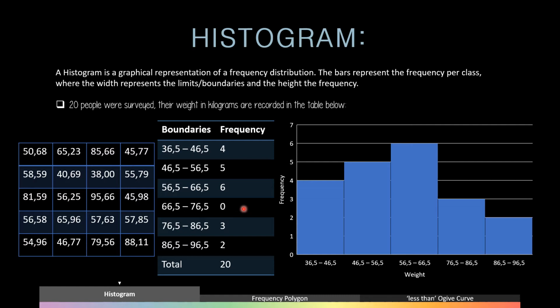We can see that the bins, or the width of the bars, give us our class boundaries, and the height gives us the specific frequency for that boundary. For our first boundary, we have a frequency of 4. Here we have a frequency of 5, 6, 3, and 2. That corresponds to exactly what we have in our frequency distribution. And there you have it. Now you have a histogram.